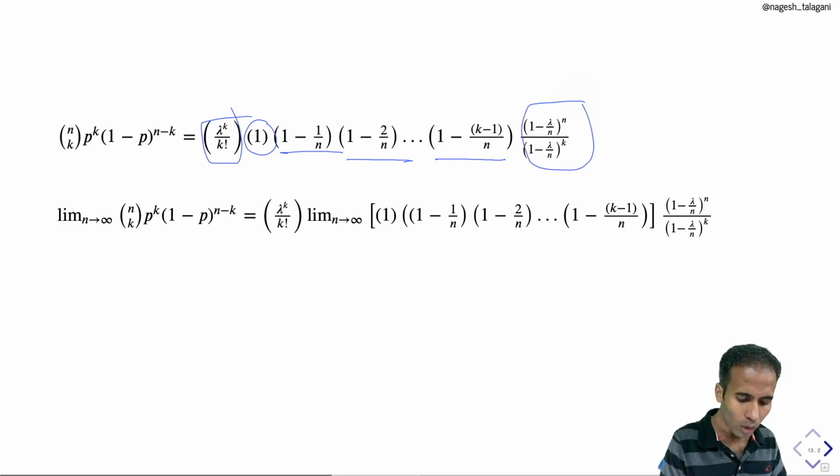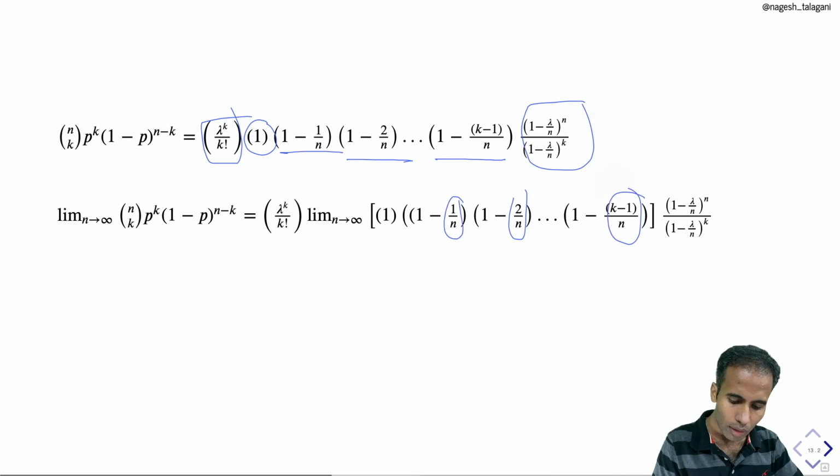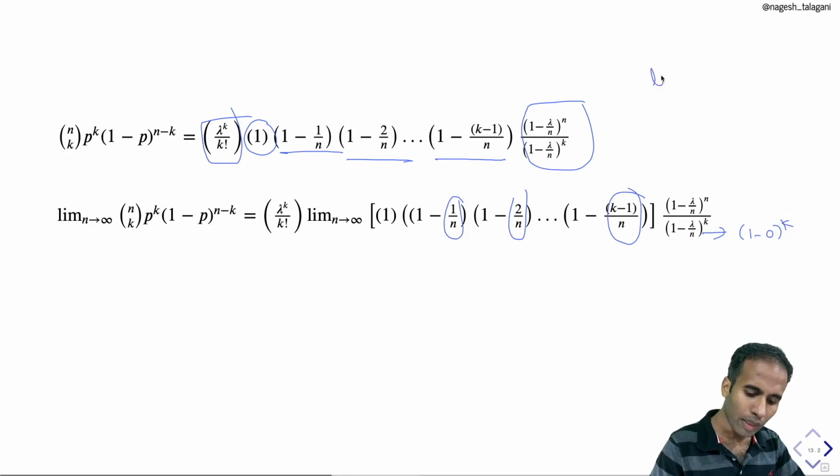Now as n goes to infinity, we know that 1 by n, 2 by n, up to k minus 1 by n, everything approaches 0. Also, 1 minus lambda by n to the power of k approaches 1 minus 0 to the power of k. You should know one limit here: the limit as n tends to infinity of 1 plus x by n to the power of n is actually equal to e to the power x.